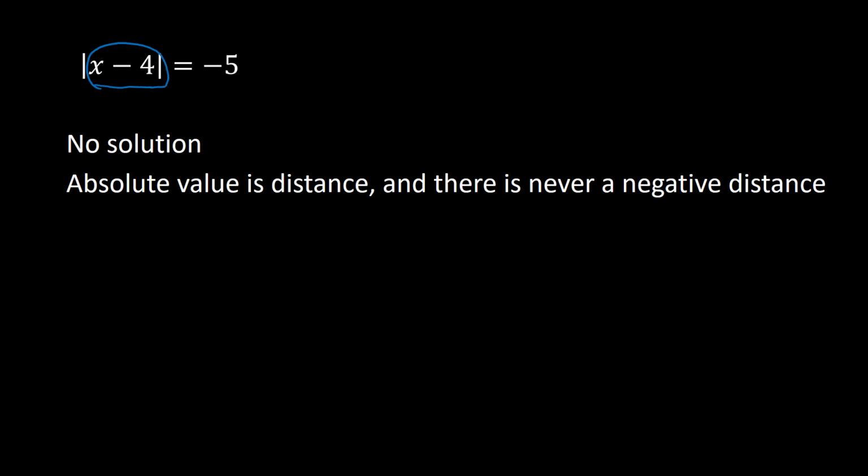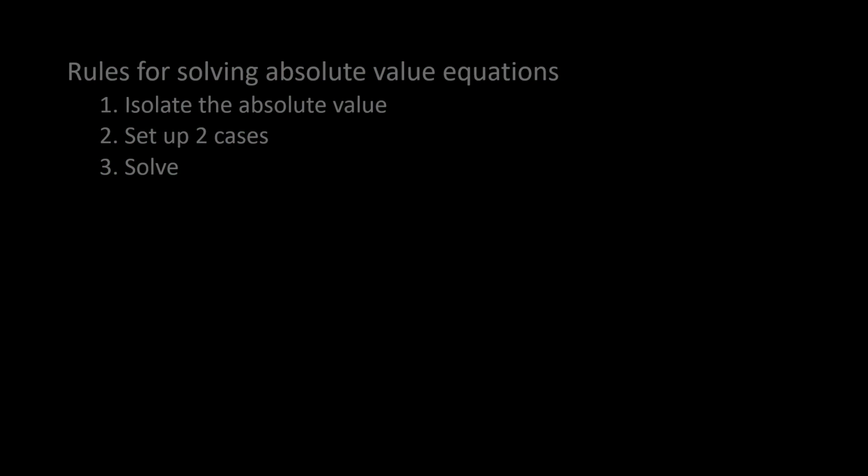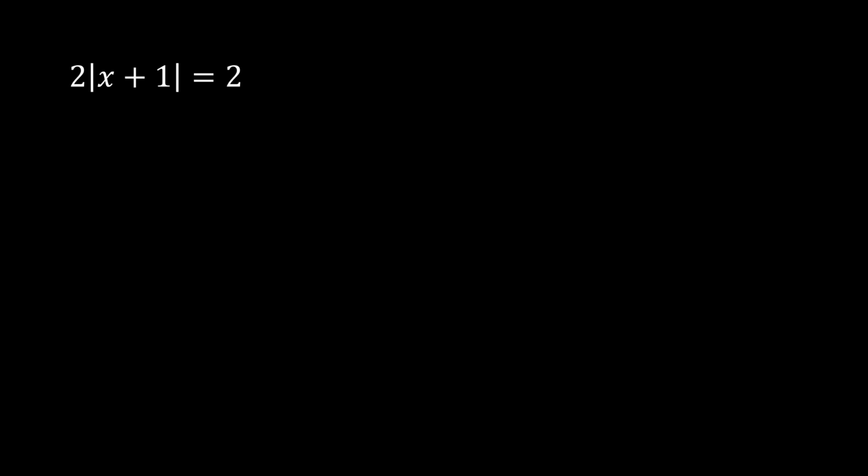We've already been doing two of those steps, where we've set up the two cases and then we've solved. But if it's not isolated, if it's not by itself, you need to isolate the absolute value first, and then set up your two cases, and then you can solve. Okay, so as we go on to the next example, we'll walk you through those steps.